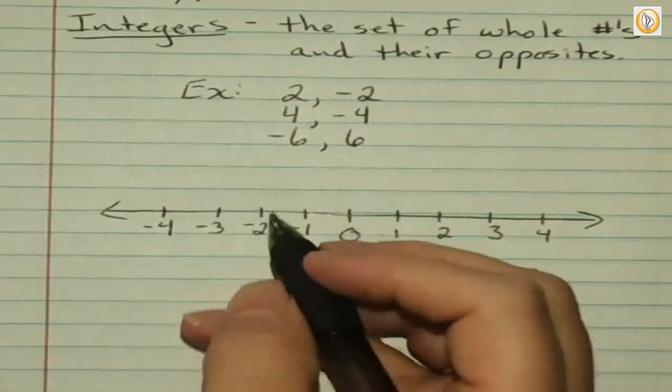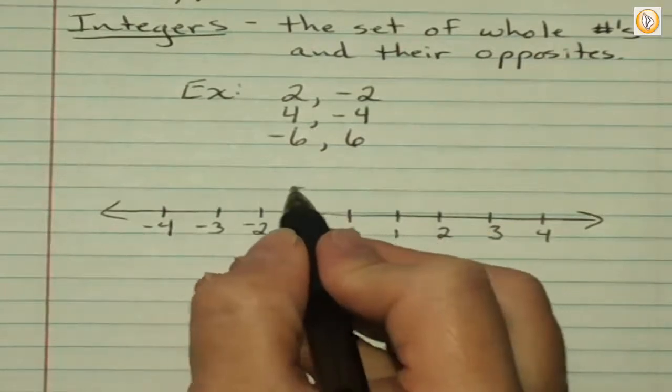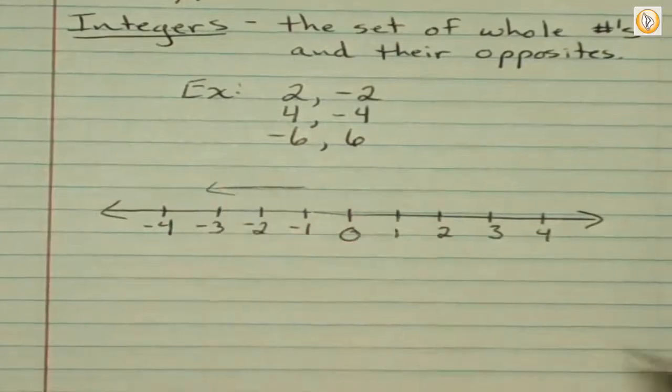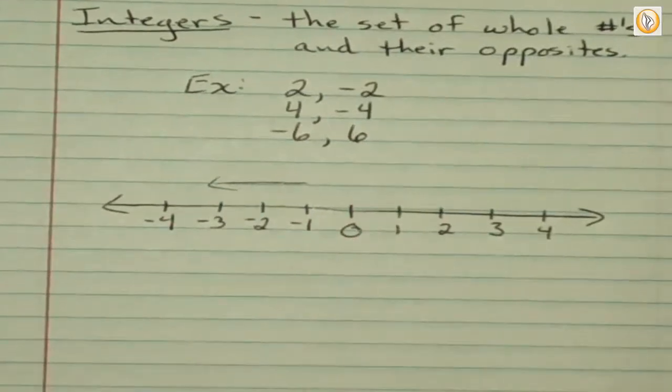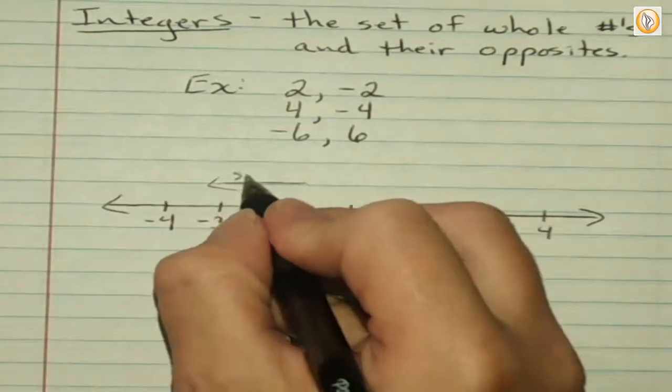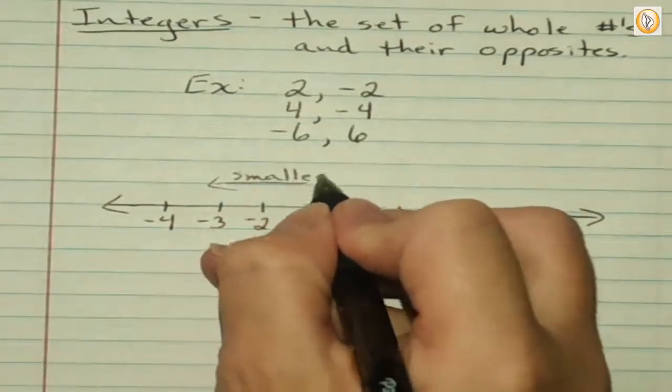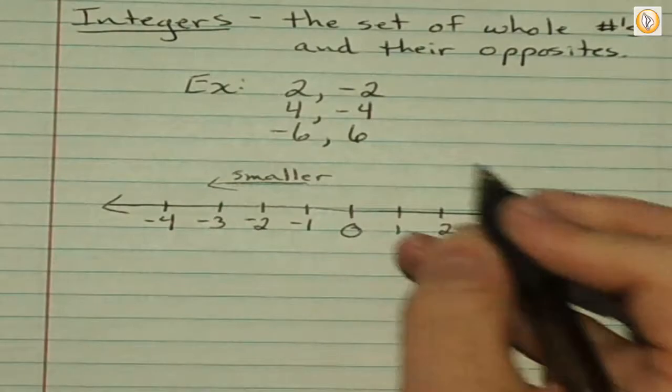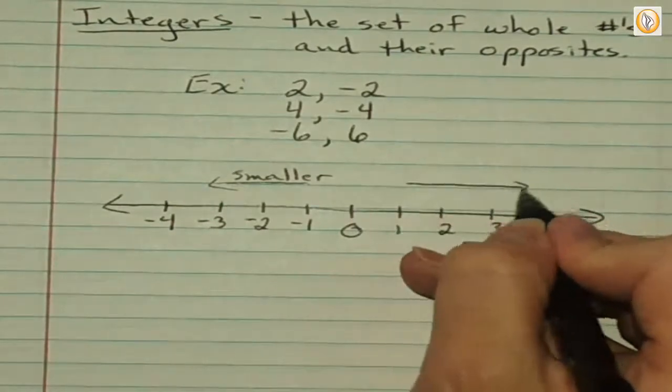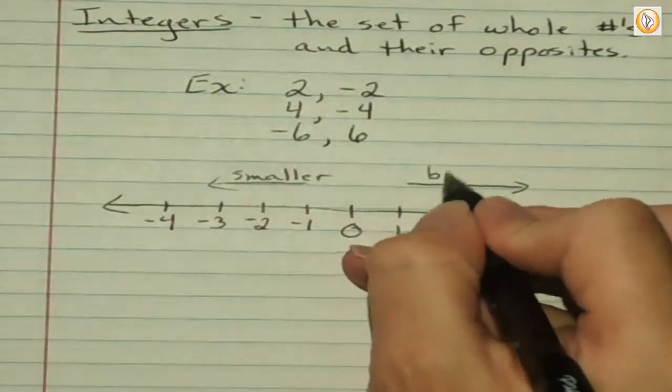Okay, if we were to move this direction, what happens to the integers? Do they get bigger or smaller? Smaller. That's right. Smaller. If we go this way, they get bigger.